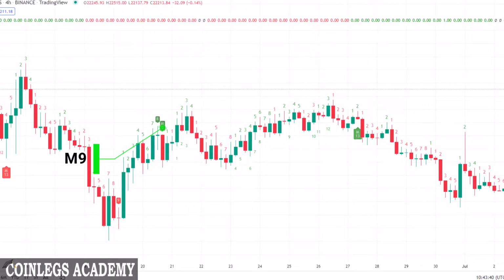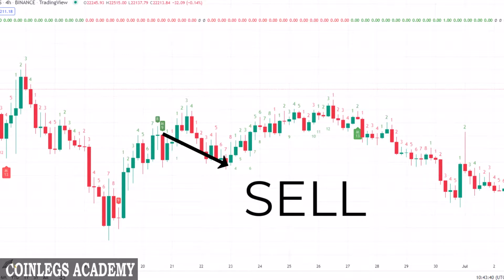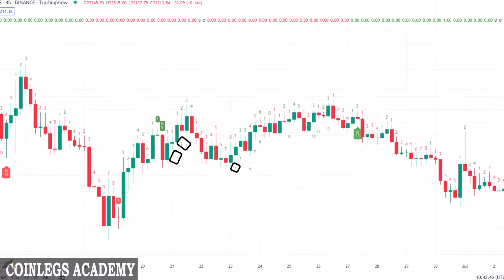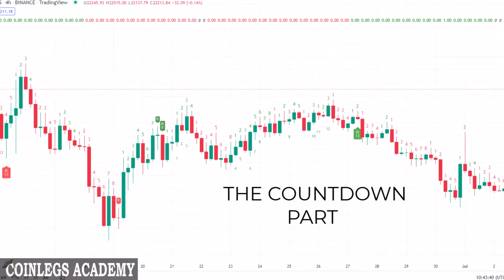Under normal circumstances, we should move to a sell position from here. But as you can see, the count continues at the bottom. This means that the trend is continuous. It also constitutes the second part of our two-part indicator, namely the countdown part.